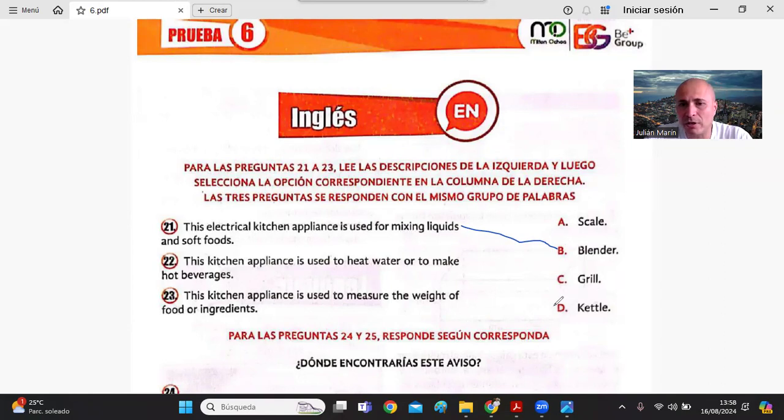As I just mentioned, that is exactly the definition of a kettle. And finally, 23 says, this kitchen appliance is used to measure the weight of food or ingredients. Remember, measuring the weight is a scale. So the one that we're not going to use, that is canceled, definitely a distractor, is the grill.